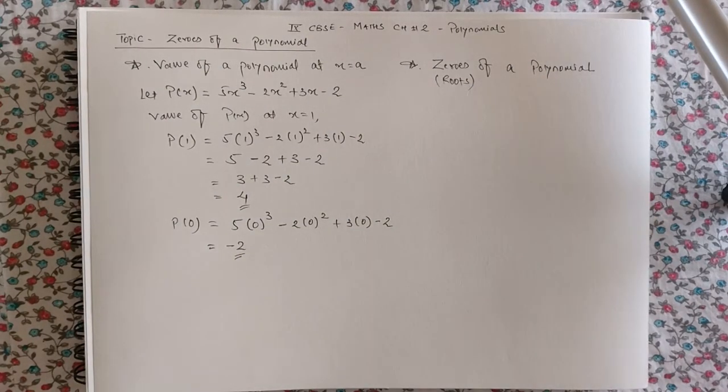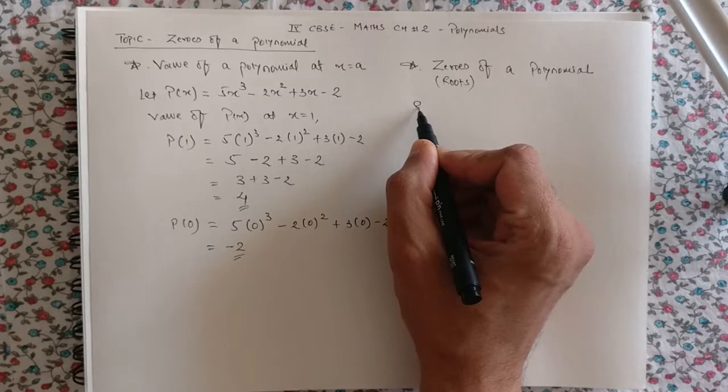A real number a is zero of a polynomial if p of x when x is equal to a is 0. If the value of polynomial becomes 0 for certain value of x, then that value of x is known as zero or root of the given polynomial. Let's take an example.